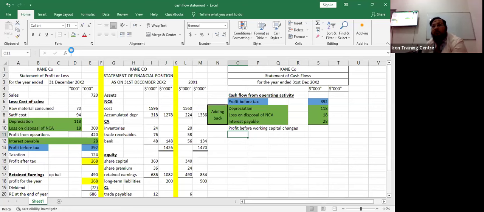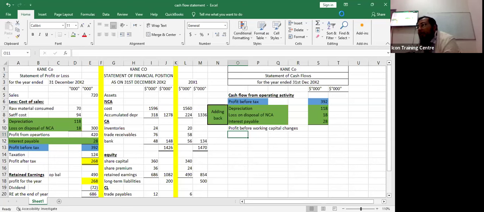So, Brother Manu, we started from profit before tax. Whatever expenses have been subtracted against which we are 100% sure that we didn't make any kind of payment, we will reverse them in the statement of cash. Like depreciation, we did not make any payment, so we'll add back. Loss on disposal, we did not make any payment, so we'll add back.